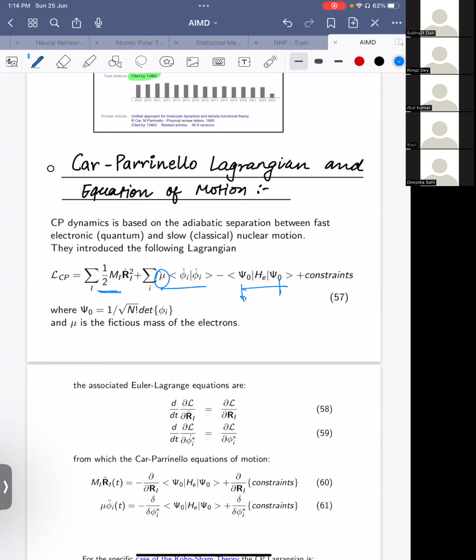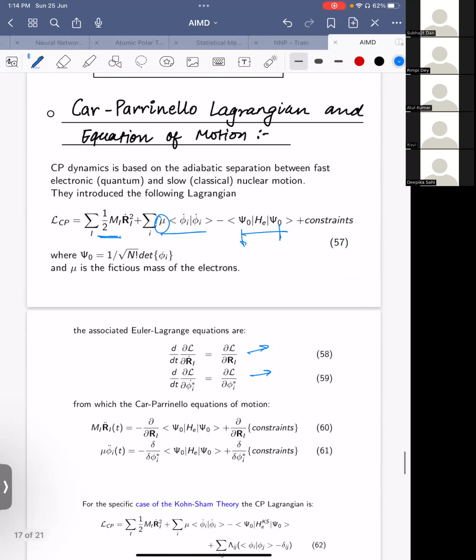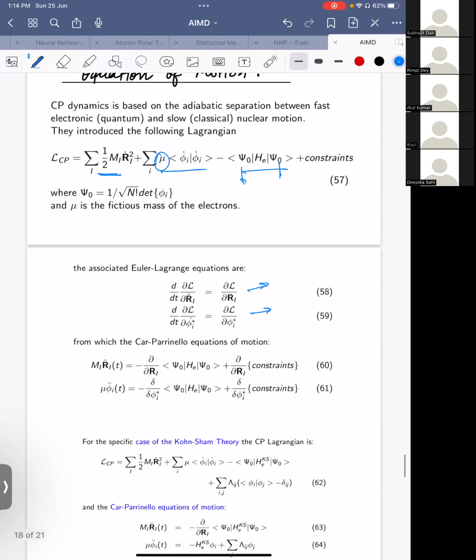The corresponding Newtonian equations of motion are obtained from the Euler-Lagrange equation. This is for the nuclear position, and this is for the orbitals. Now, if we look at the equation of motion in this Car-Parrinello approach, this is for the nucleus and this is for the electrons.